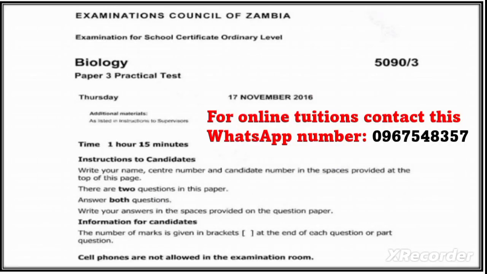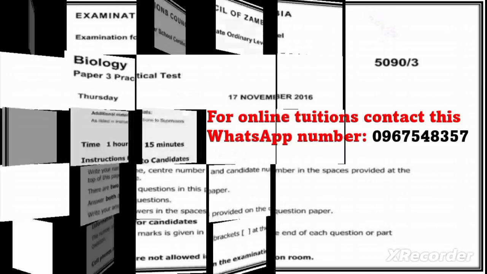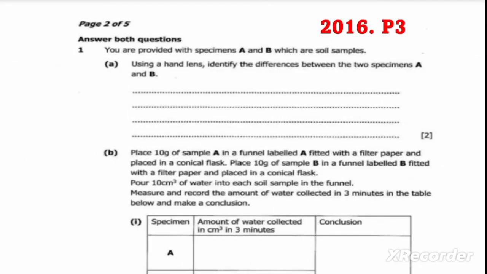We are going to look at this question, but we are not going to answer it, reason being, we don't have the samples. This one is from 2016. The first question reads: You are provided with specimens A and B, which are soil samples.